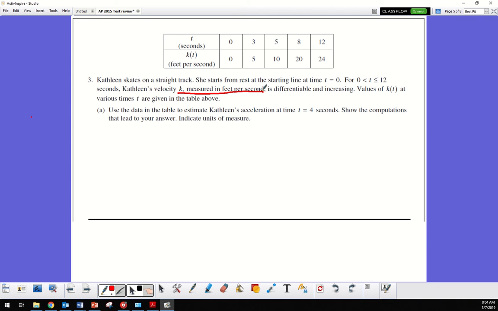So I know that I'm going to have to show computations that lead to my answer and indicate units of measure. So 4 is going to be between here and here, right? So can I just find the slope there?